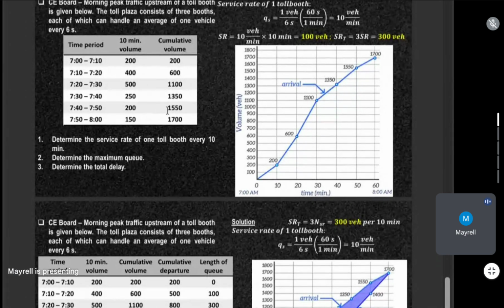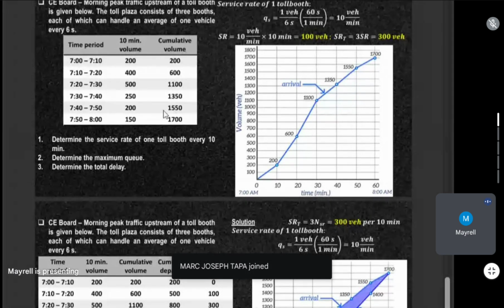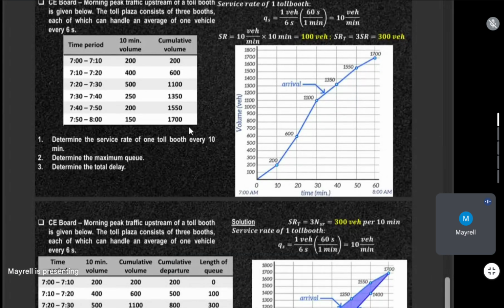Then plus 200, so 1,550, plus 150, so 1,700. Okay, so determine the service rate of one toll booth every 10 minutes, determine the maximum queue, and determine the total delay.